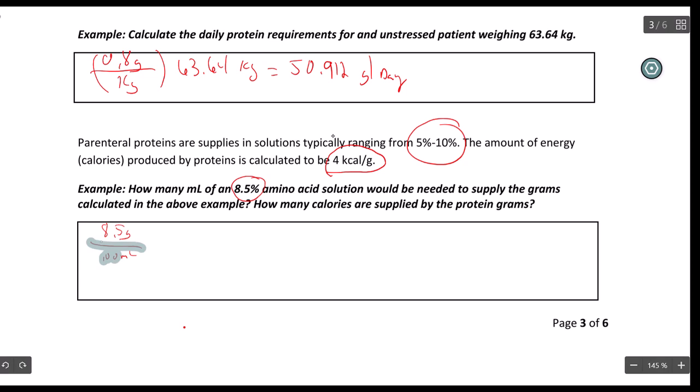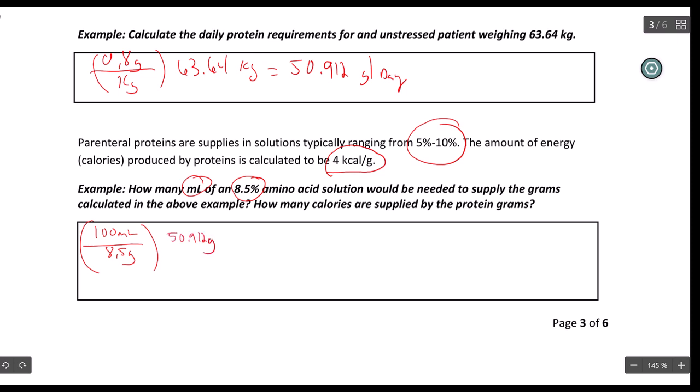I'm going to write this upside down to do our problem in the short space that we have here. This says, how many mLs would we need? So I know that 100 mLs is going to have 8.5 grams of protein. Why? Because 8.5% means grams per 100 mLs. I need 50.912 grams.